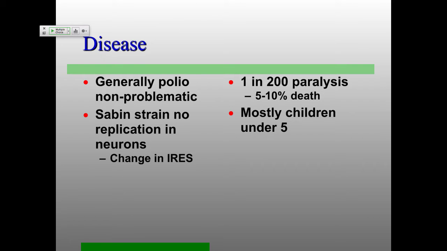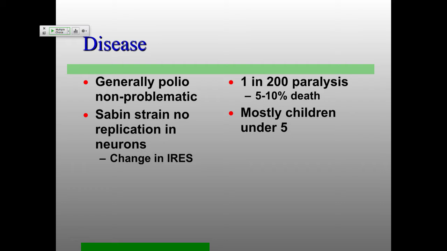Generally, a poliovirus infection is not problematic, and this is one of the big problems of actually eliminating polio, is that only about 1 in 200 people who are infected with polio actually have then neurotropic disease. And that means that there are lots of people, particularly when you're vaccinating, that you're never going to know whether they've had polio or not. And so detection turns out to be a really big problem.